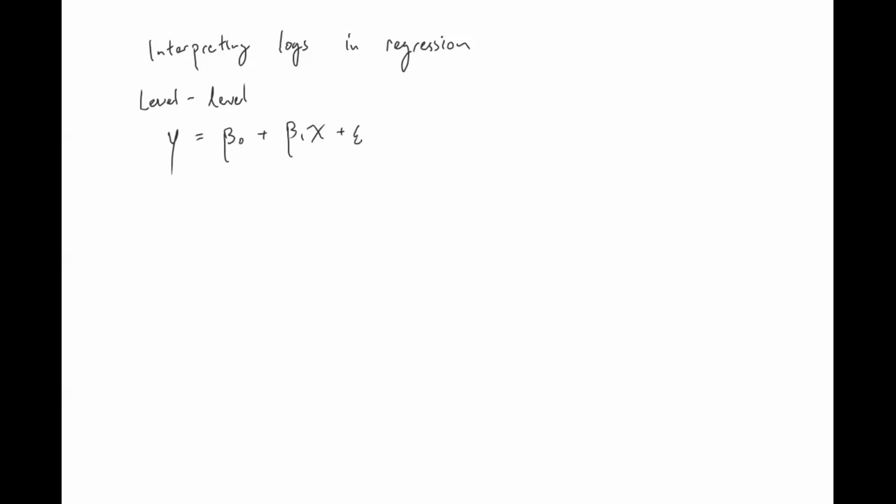We've actually already talked about this earlier in the lecture. So delta y is equal to beta 1 times delta x. In other words, as x increases by 1, y increases by beta.